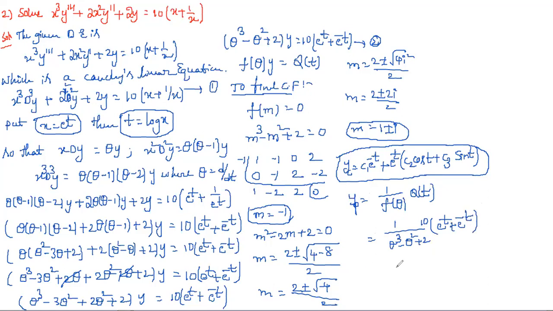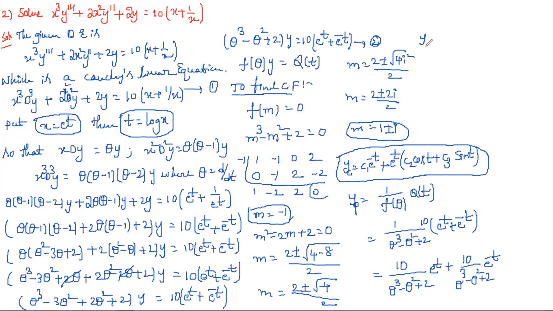So this is equal to 10 by theta cube minus theta square plus 2 into e power t, plus 10 by theta cube minus theta square plus 2 into e power minus t. It means we got it as type 1.